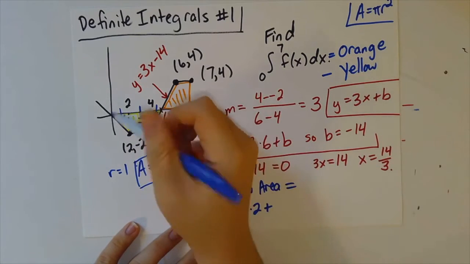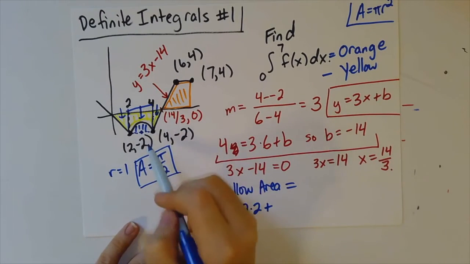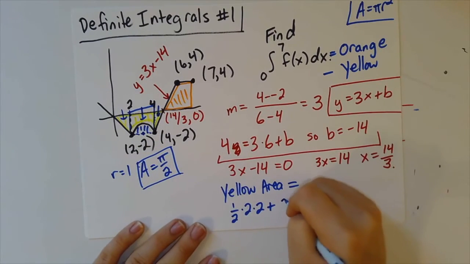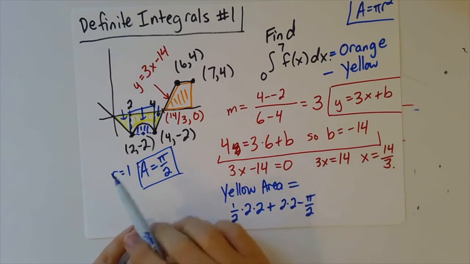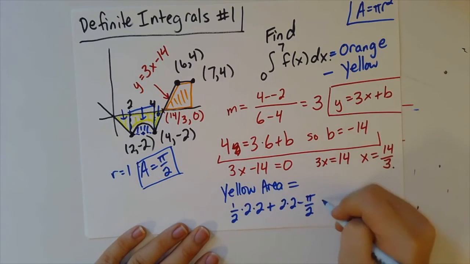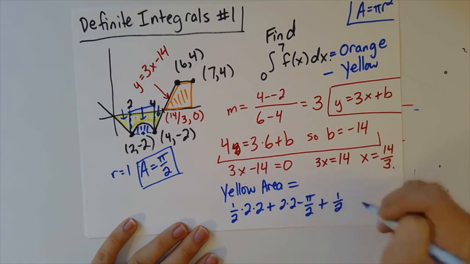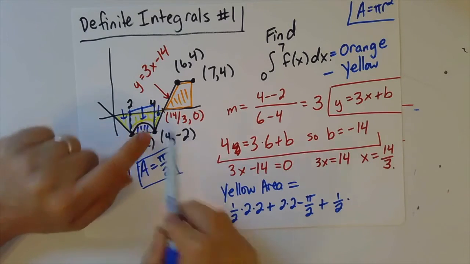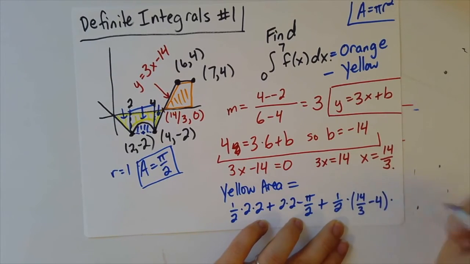So the square would include all of this space. Pretend that that was flat. And so it's that area, which is 2 times 2 minus the semicircle area. So that would be 2 times 2 minus pi over 2. And then plus the area of this triangle, which is 1/2 times, and then the base is the distance from 14/3 to 4, times, and then the height is again 2.